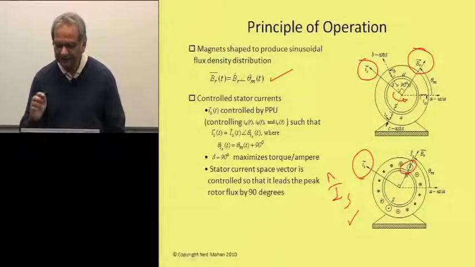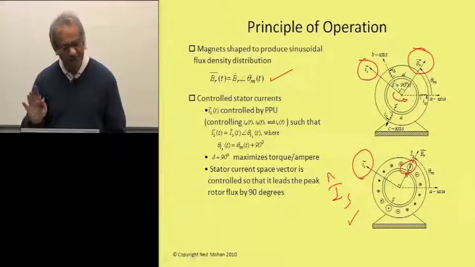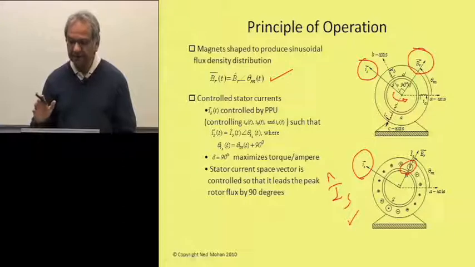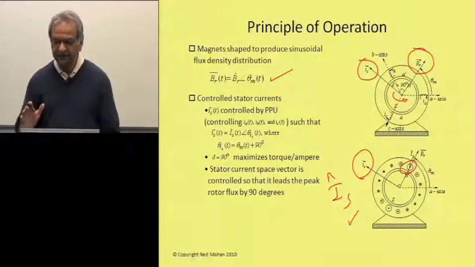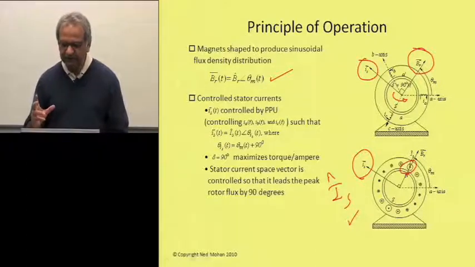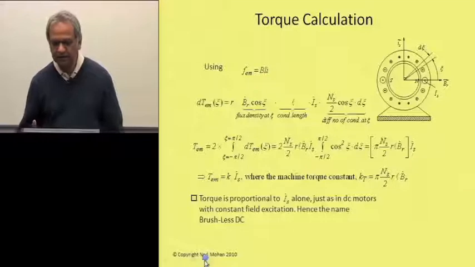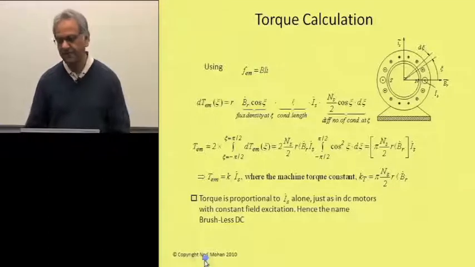So the maximum conductor density of the stator is at the same location where the maximum flux density is produced by the rotor. And this we can prove would result in maximum torque per amp.